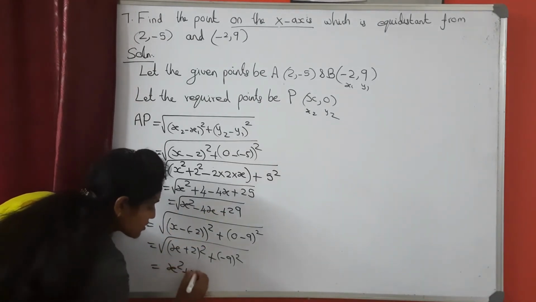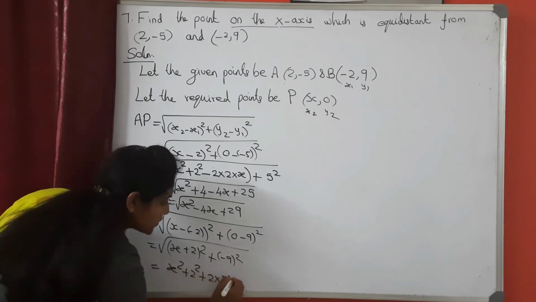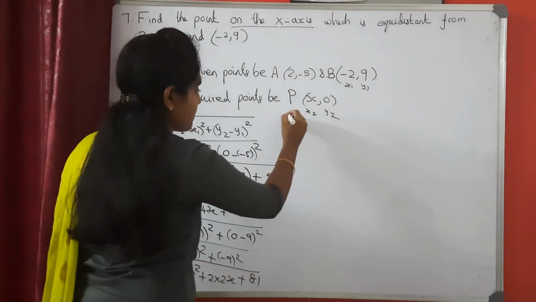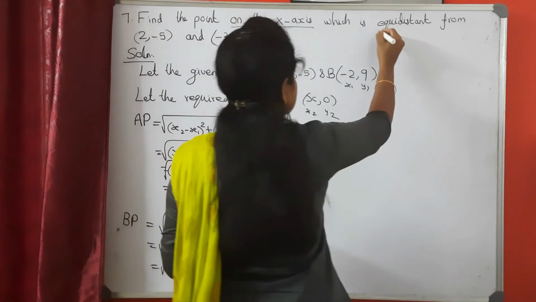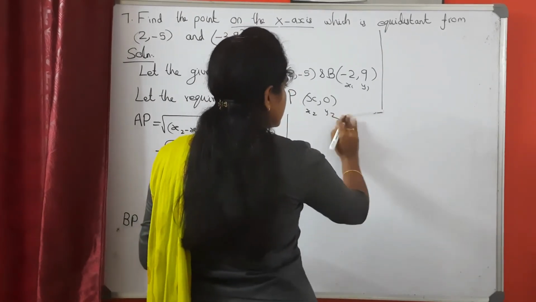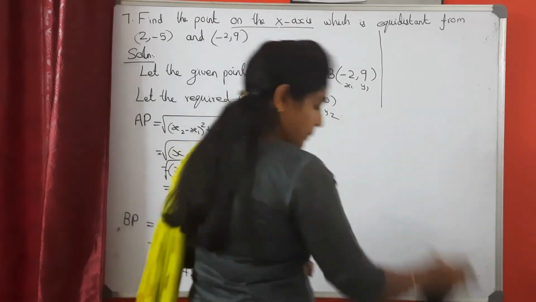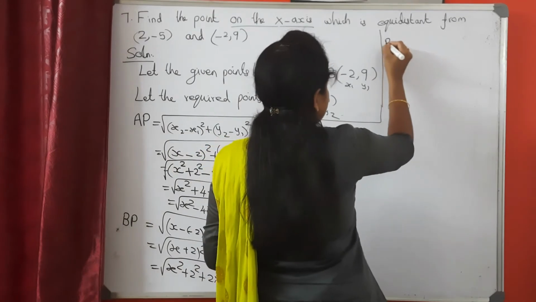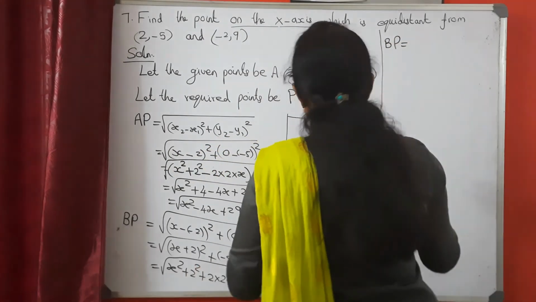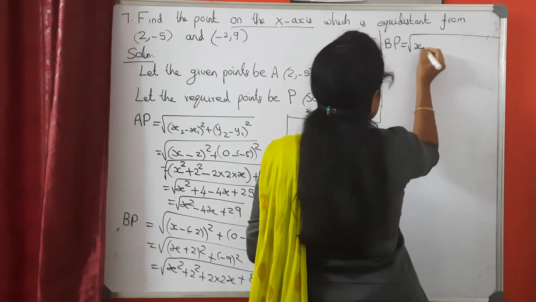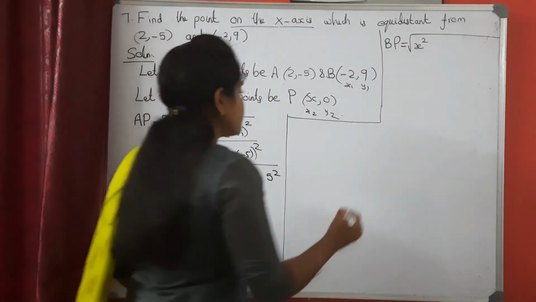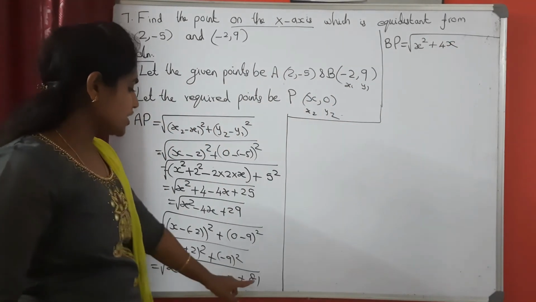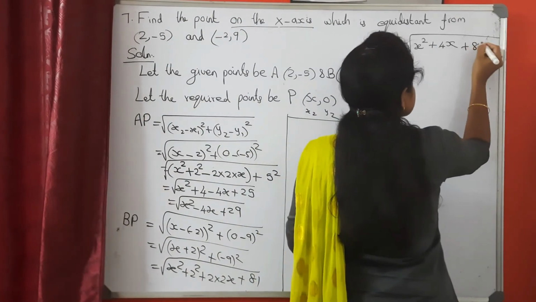So x square plus 2 square plus 2 into 2x, plus 9 square equal to 81. So BP equals root of x square plus 4x, and 81 plus 4, 85.